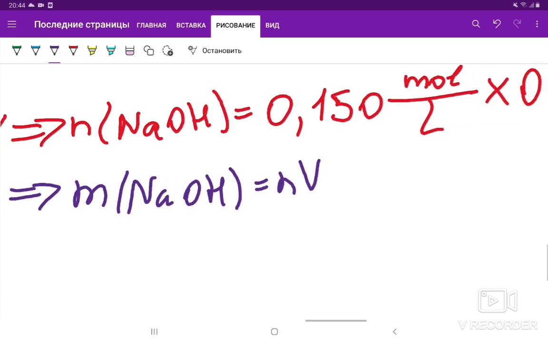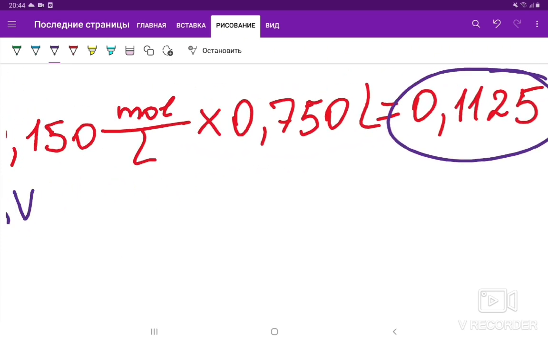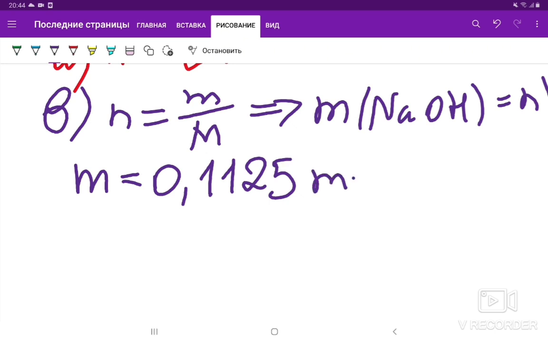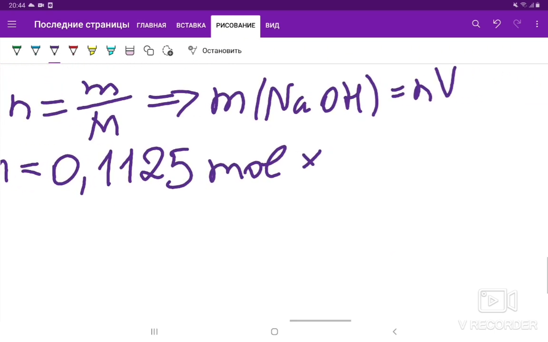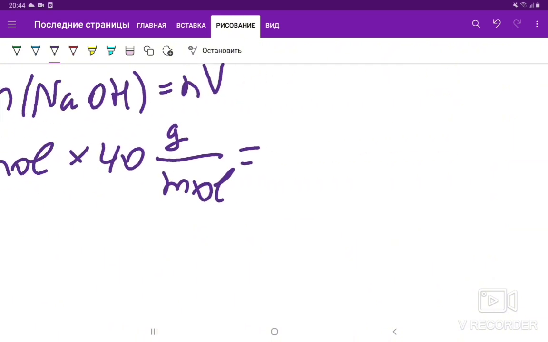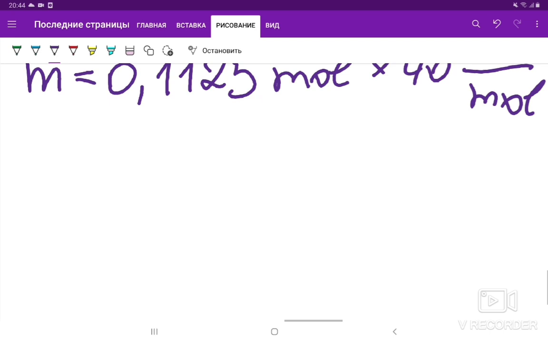This is the number of moles that we found. Multiply by the molar mass, as we said at the beginning, 40 gram per mole. As the result, here we will get 4.5 grams of sodium hydroxide. Let's go now to step 2.